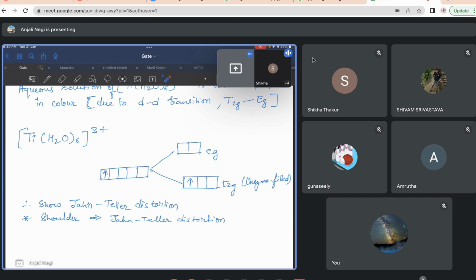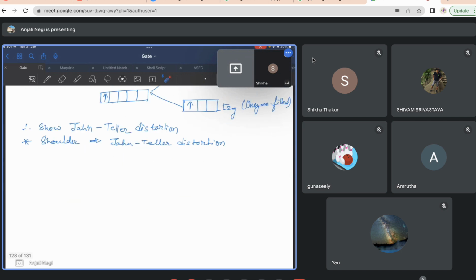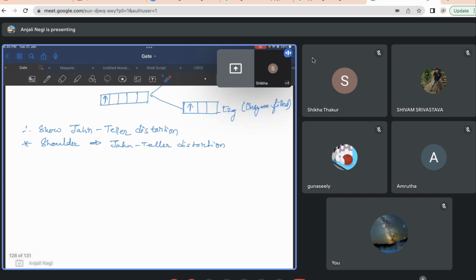So this is the main reason for the broadness, and due to this there is a shoulder in the absorption band of the complex, and hence this is my correct option for the given problem.